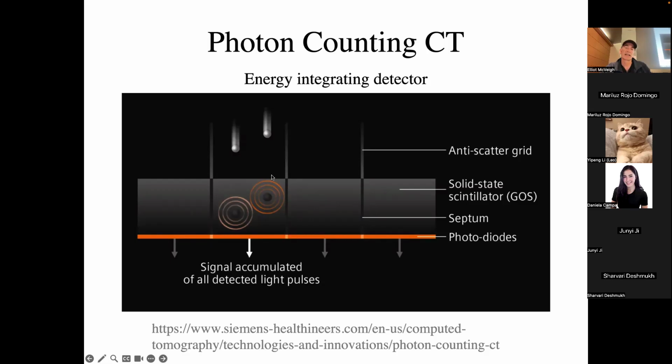So this was a detector element: an X-ray would hit it and you get a flash, and you don't really want the flash to leak into here. You'd like it to stay in here such that the photodiode for this detector element went off and gave you a positive signal. Each one of these detector elements is on the order of 1 millimeter in dimension, in both the Z direction and the theta or XY direction.